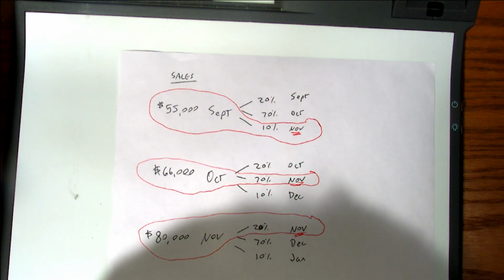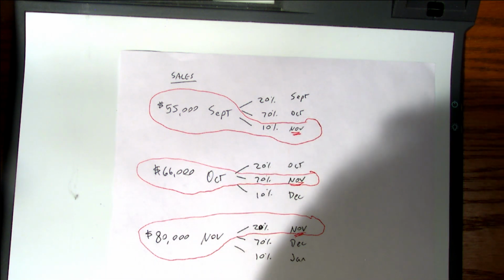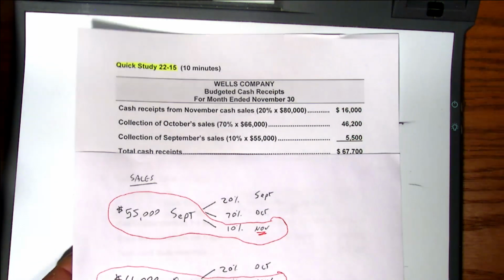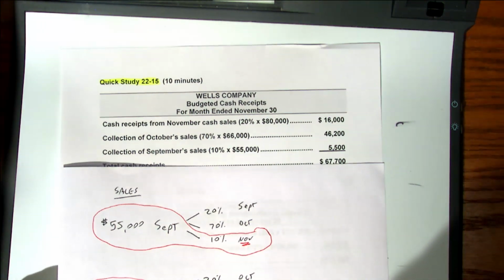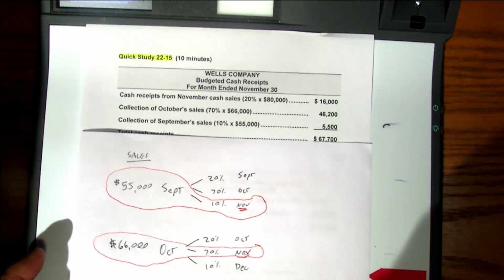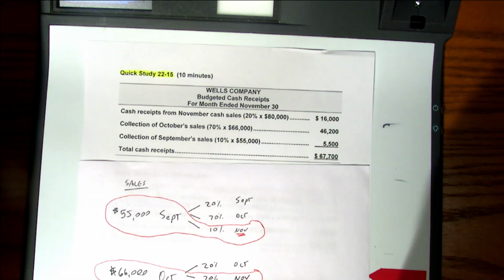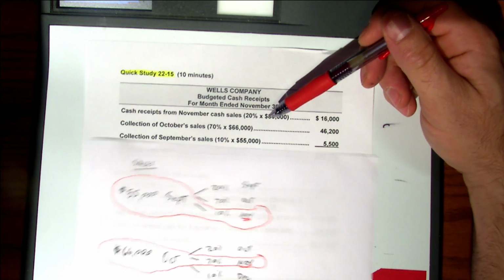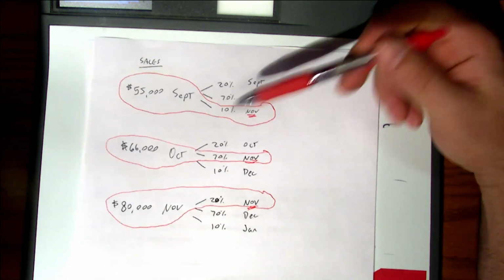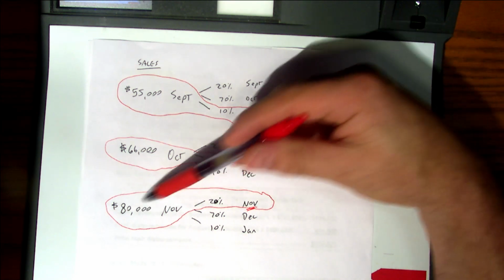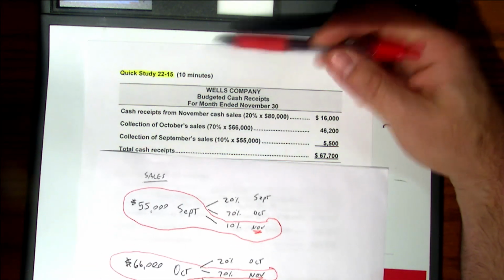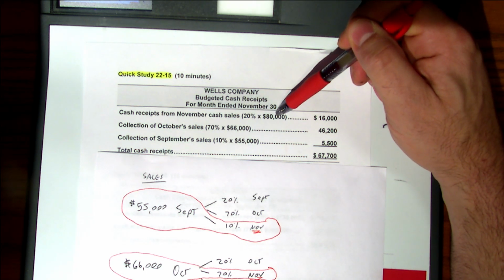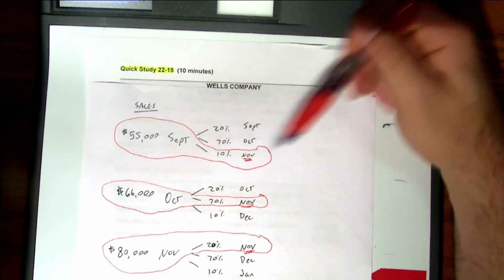Once we figure that out, you can see what they came up with. Wells Company, there is their cash receipts budget. They do it in a different order. Cash receipts from November is 20% of November sales of 80,000.